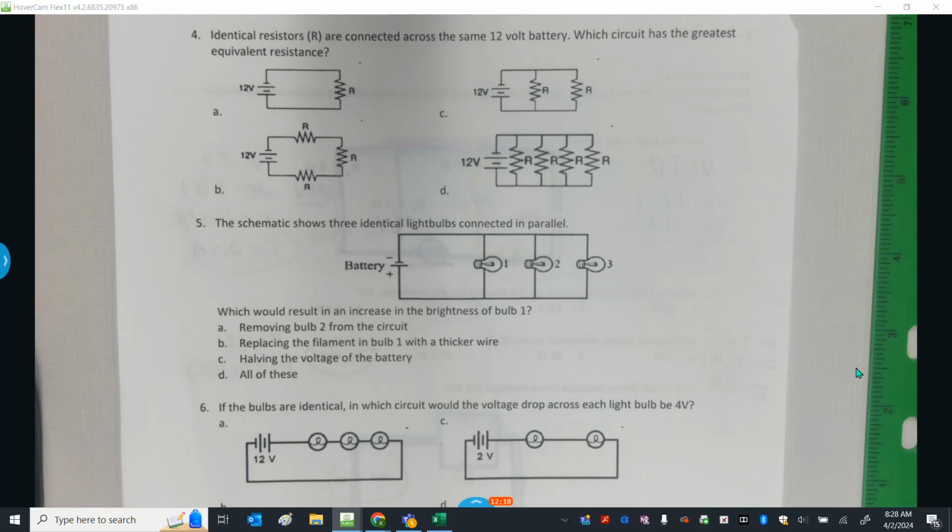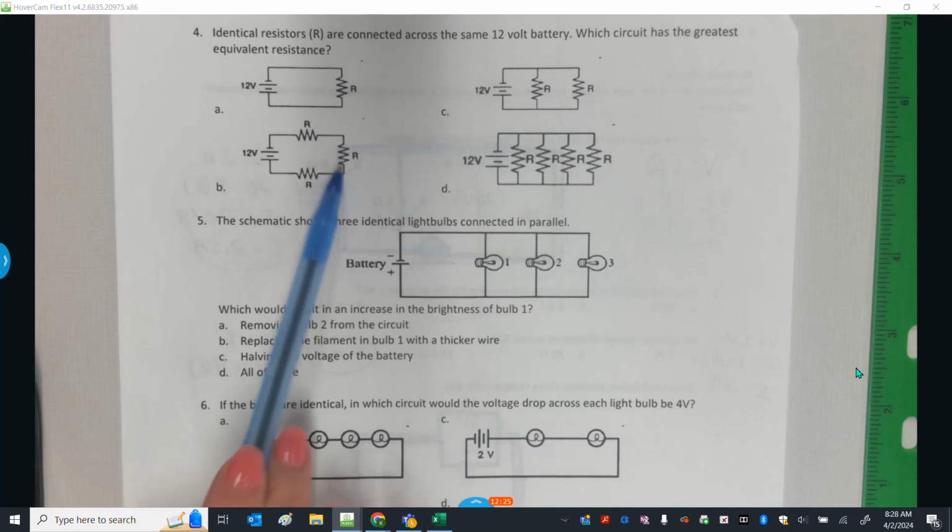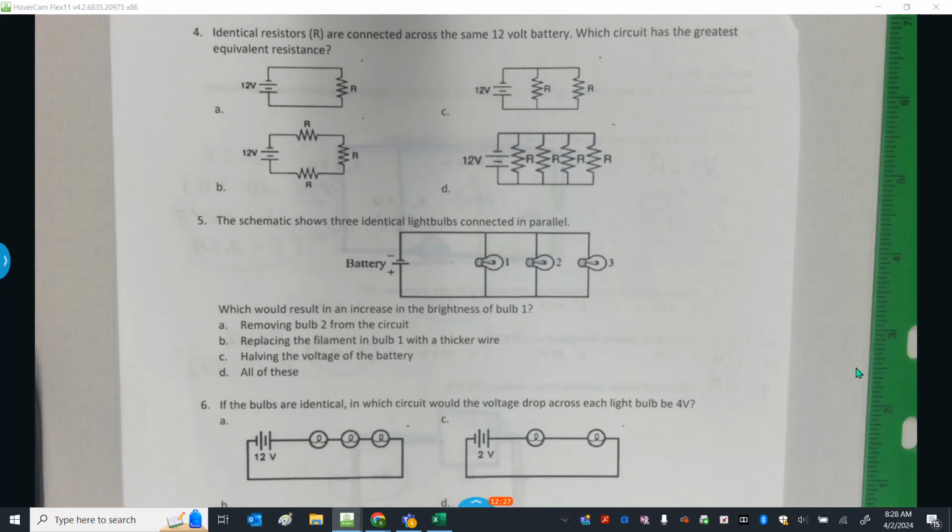All right, it says identical resistors are connected across the same 12-volt battery. Which circuit has the greatest equivalent resistance? So I have here a simple circuit, a series circuit, and 2 parallel circuits. Okay, I know that the voltage drops along a loop add up to the battery's voltage.